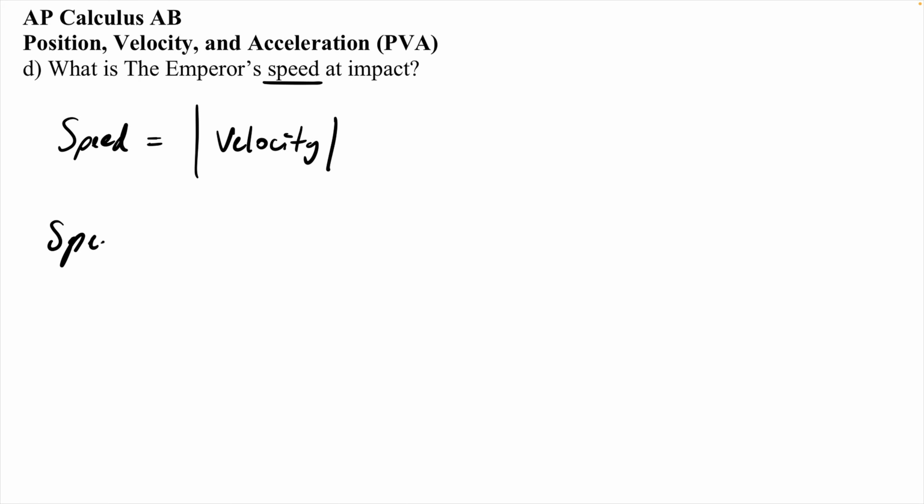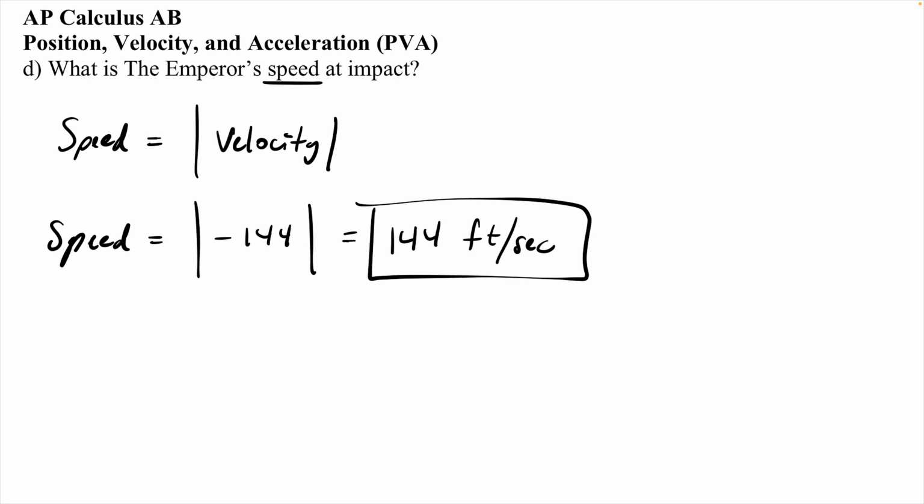So speed equals the absolute value of negative 144, which is 144. What's the units for speed? Feet per second. So everything's the same, just positive. Okay.